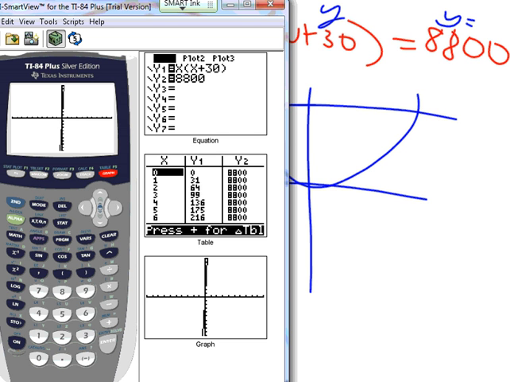So you need to think it through and go to the window, which is this button right there. It's red on my screen right now. Window. Now, the x, I don't know, but I know it needs to be bigger than 10. I'm going to go with like 500. So let's go negative 500. Notice it's not the minus sign, it's the negative sign. 500 to 500.